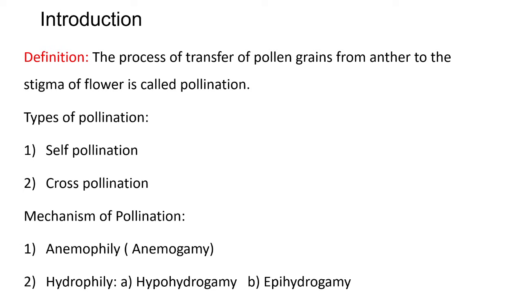The pollen is transferred from the anther where it is produced to the stigma where it germinates, forming a pollen tube. The pollen tube then transfers the male gametes to the female gametes which is contained inside the ovule.